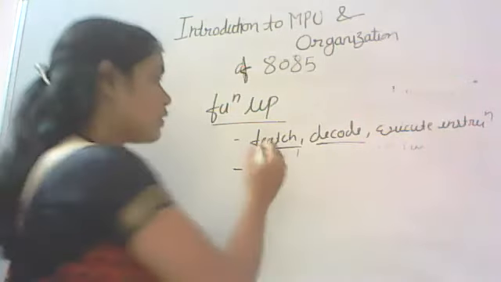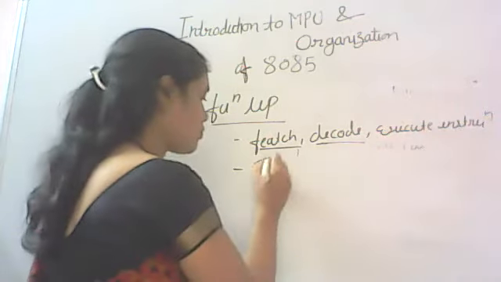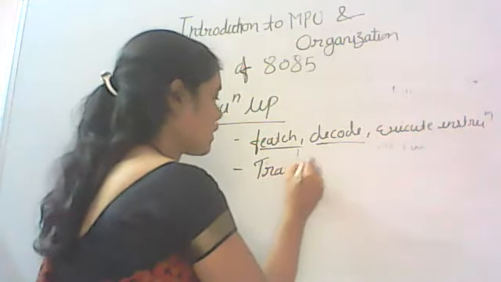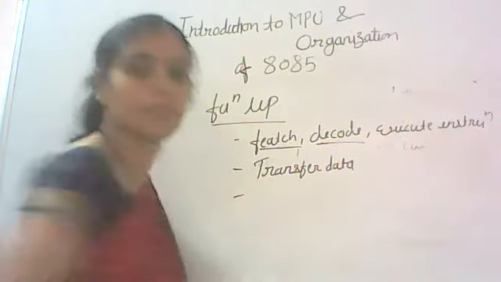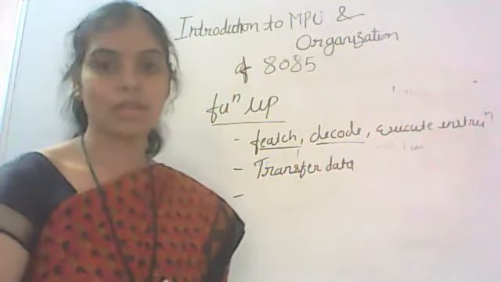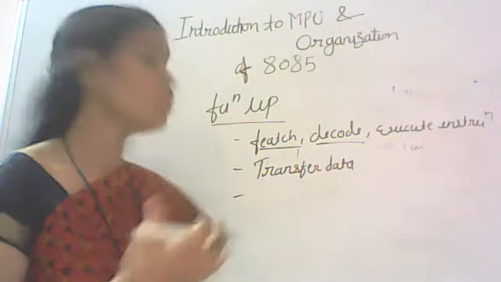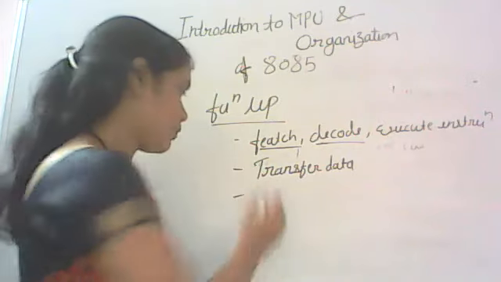The next function of microprocessor is to transfer data. Transfer data from one block to another block or from one block to IO lines, that is input output lines.